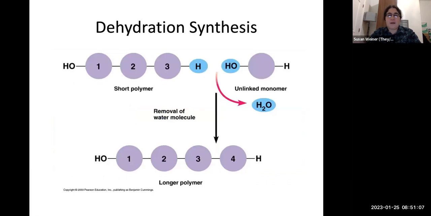All right, so dehydration synthesis. This is our primary method of building larger molecules, which we started looking at a little bit in the POGL that we started working on. To build these larger molecules, the monomers have an H on one side and an OH on the other side.